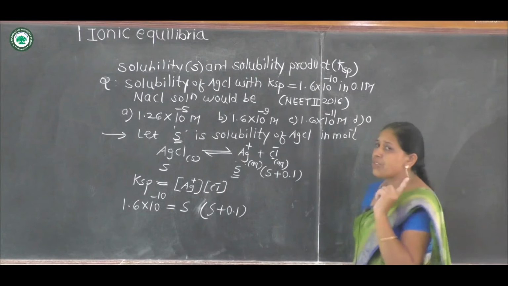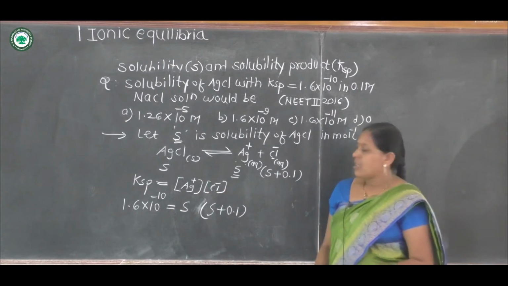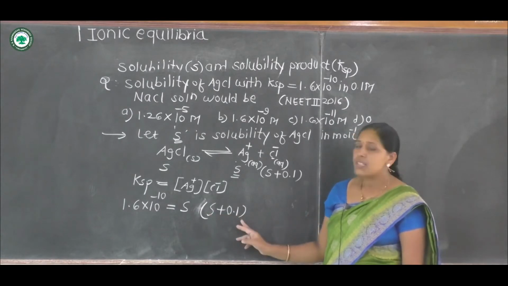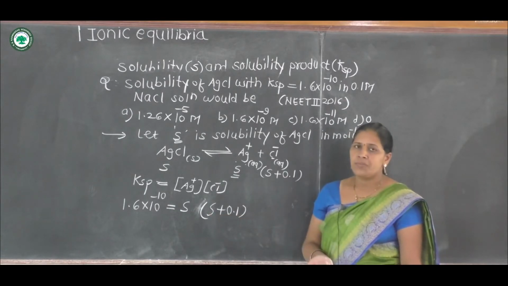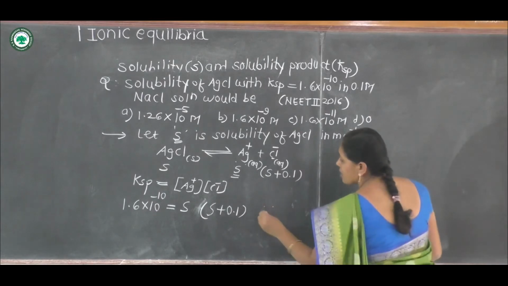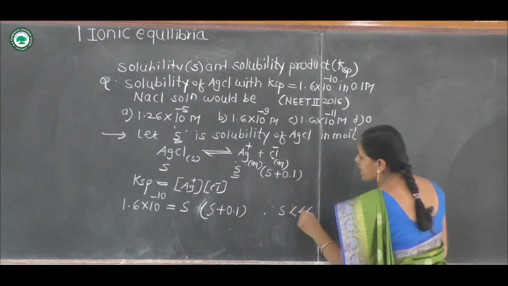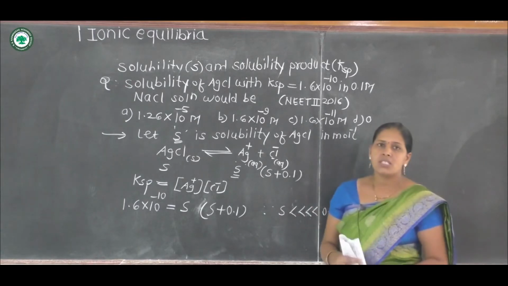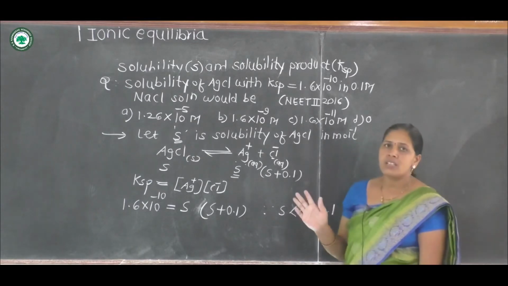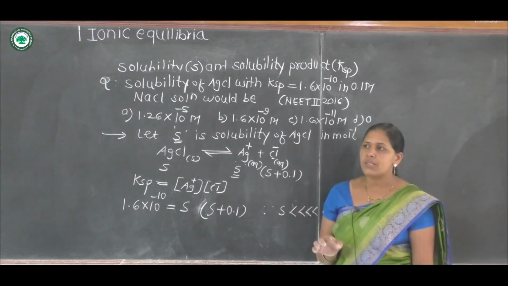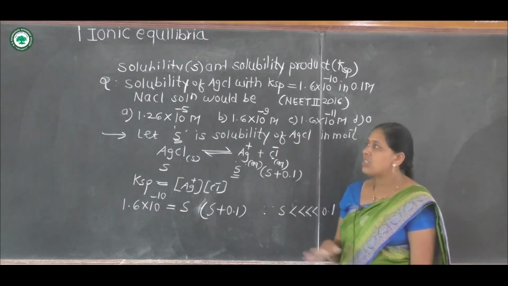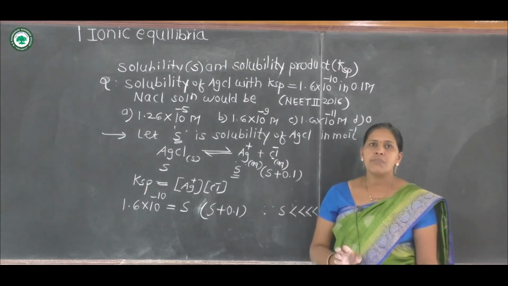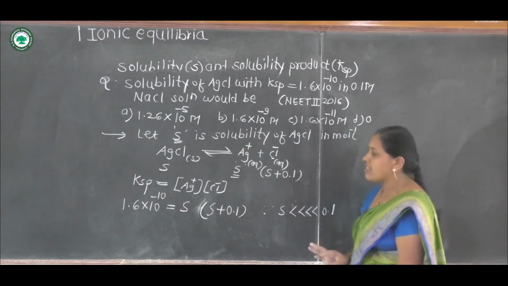But we have to know this S is very small. S is very much less than 0.1, because NaCl is a salt which is completely dissociated into its ions in solution, but AgCl is a sparingly soluble salt which cannot be completely dissociated into its ions.